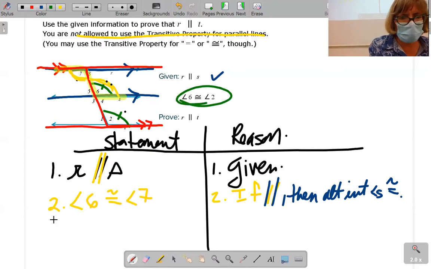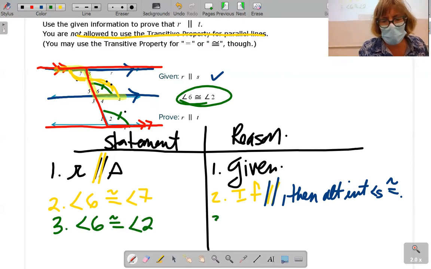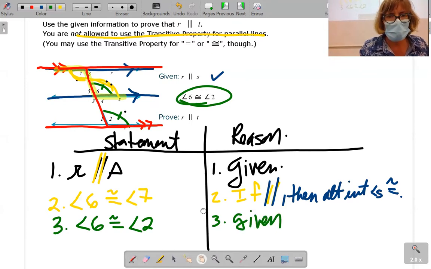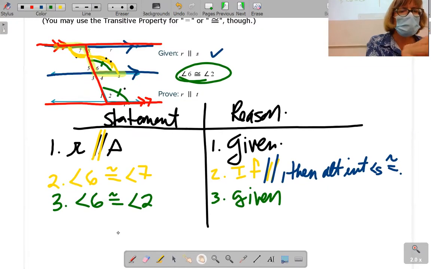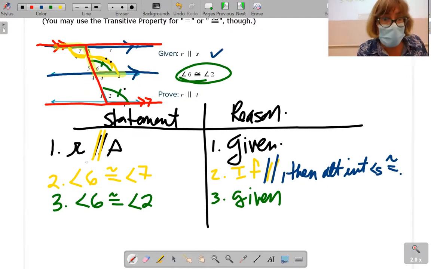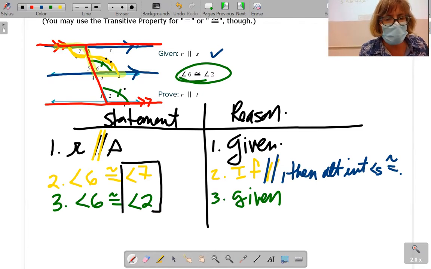Now we also know that angle 6 is congruent to angle 2. Why do we know that? It is given. Look at the connection here. If 6 is congruent to 7 and 6 is congruent to 2, that means we can now make our connector piece.